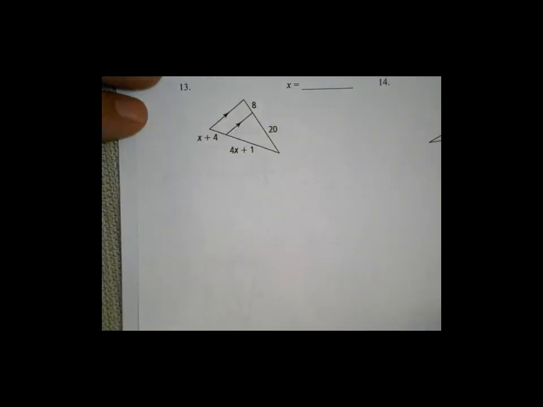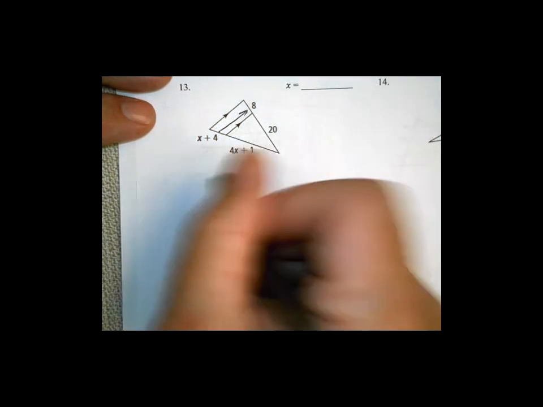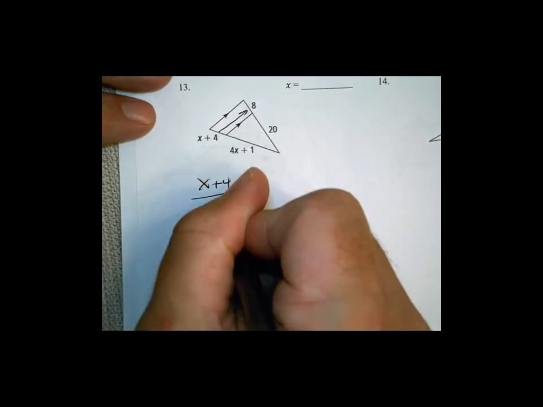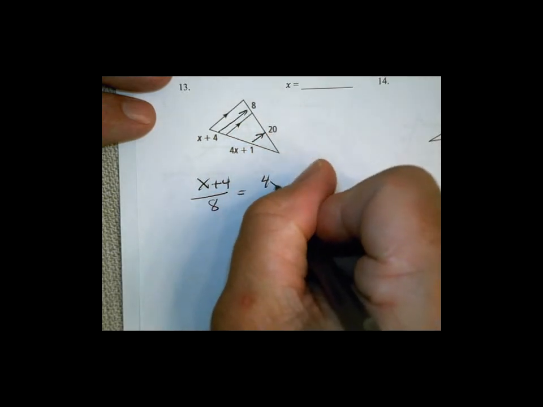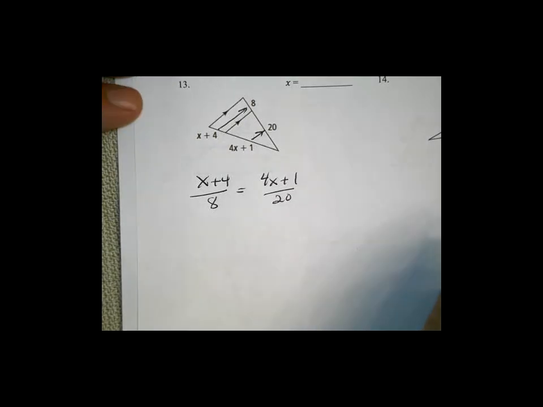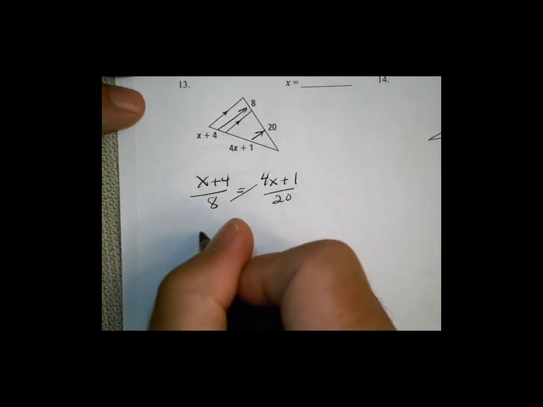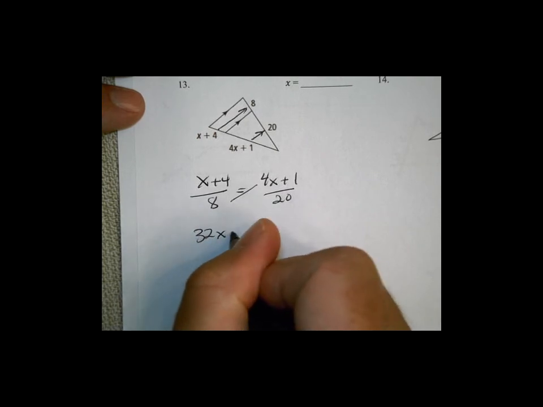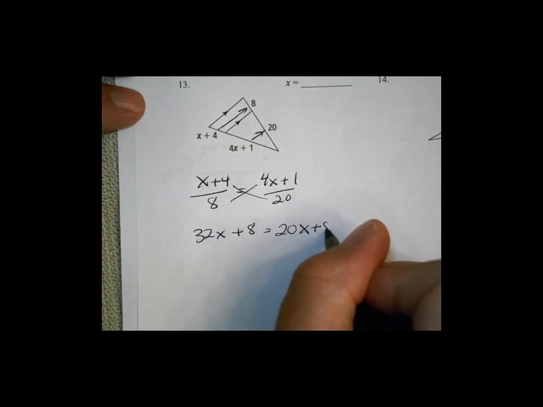All right, and the last one, number 13, another side splitter. So let's go across this way this time. X plus 4 over 8 equals 4x plus 1 over 20. Okay, so when I cross multiply, 8 times 4x is 32x plus 8 equals 20 times x plus 4, which is 20x plus 80.